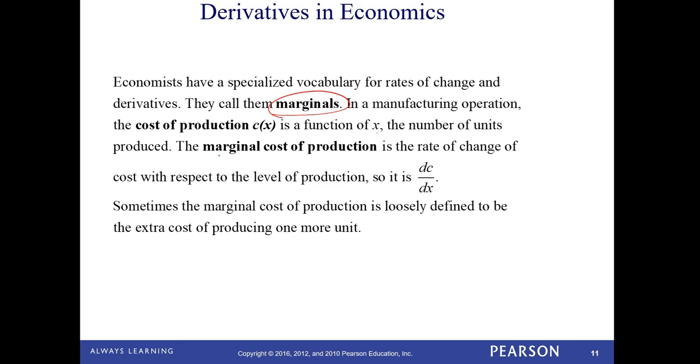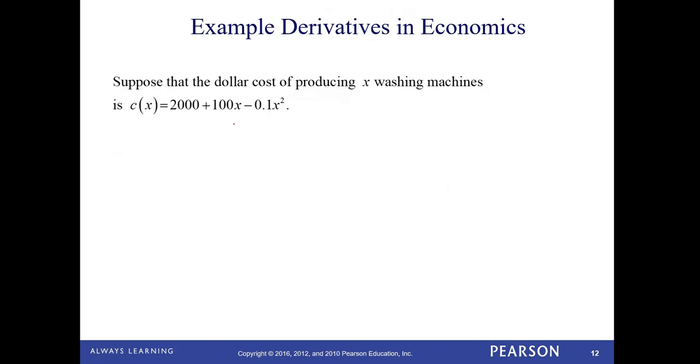The marginal cost is the rate of change of that cost, so it's dC/dx. Sometimes the marginal cost of production is loosely defined to be the extra cost of producing one more unit. So how quickly does our cost change as we add more units for production?